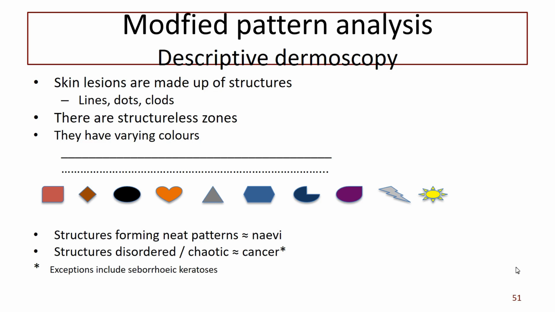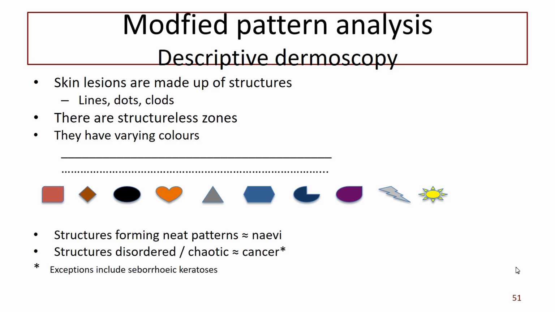And can you see any structureless zones? Well, you can't see any dots, you can't see any clods, you can't see any lines. Or the wall? Yeah, okay, so the wall is a structural zone with some lines and some dots inside the lines.